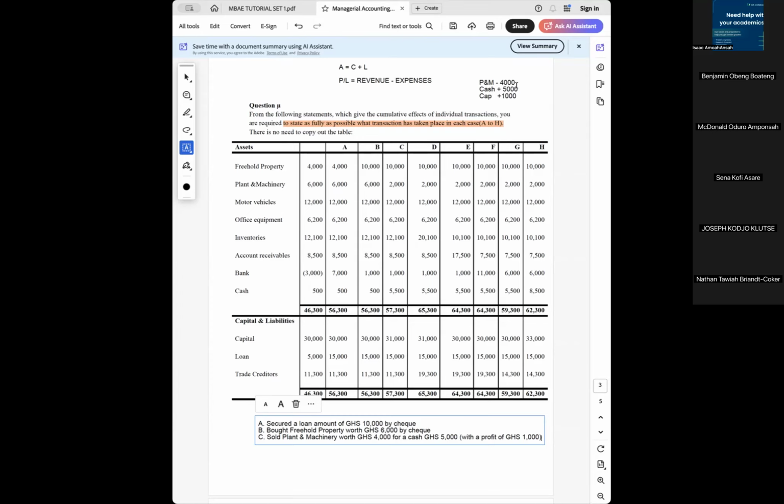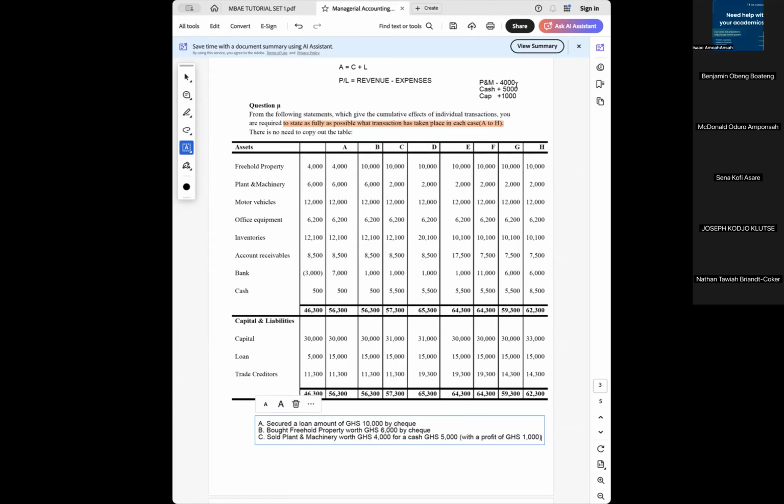So we may prefer to go with what McDonald said rather than thinking of an owner also bringing in capital. If we say that we sold our plant and machinery for 4,000 cedis, that's one transaction. And if the owner is also bringing in capital, that would be another transaction. So it will be two transactions at C.